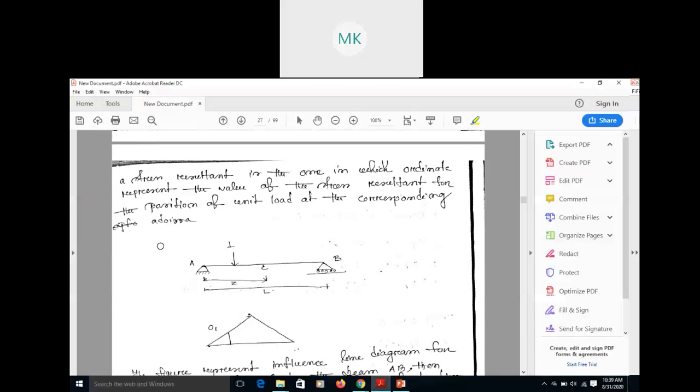If you consider this beam AB, this is a simply supported beam. If you consider a unit load, I think all of you are able to see it, at a distance x. Okay, so at a distance x, first we need to consider a unit load at a distance x.